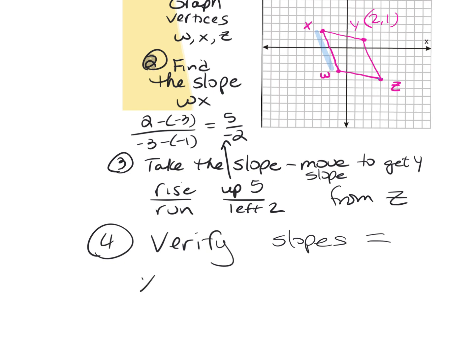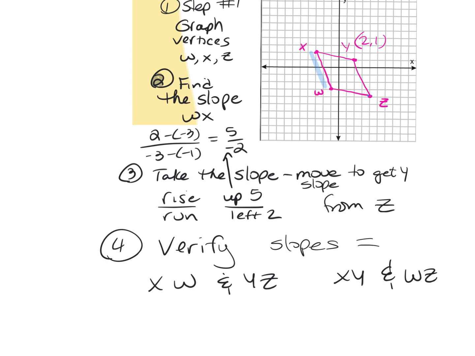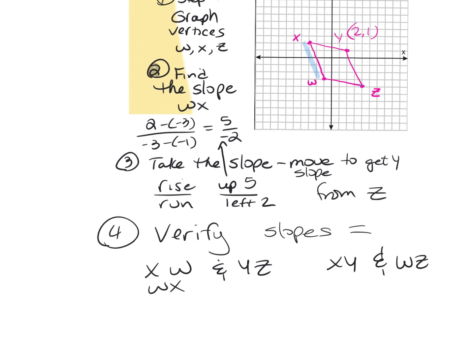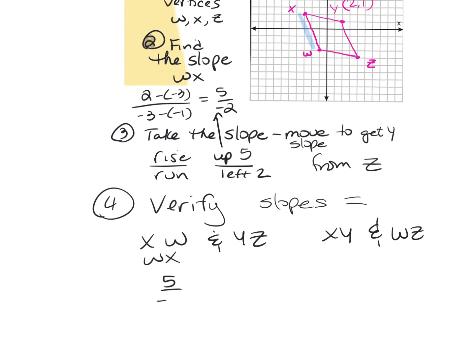So the slope of WX and YZ should be the same, and the slope of XY and WZ should be the same. Now, I already did the slope for WX or XW. Remember, that was the 5 over -2. And then to get this point, I did move that slope. So those are equal slopes.